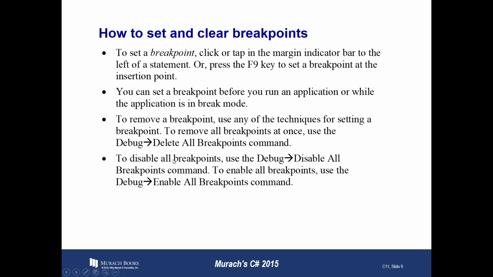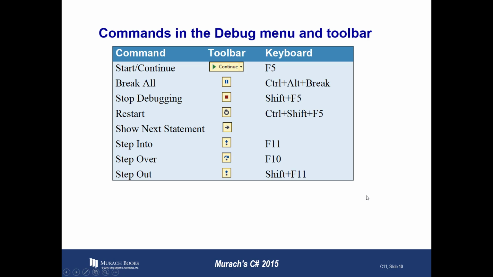If you've got a bunch of breakpoints set, you can right mouse click on any one of them and choose Debug, Disable All Breakpoints. So here are some of the commands that are on the debug menu. You can hit the F5 key, and if the program is not running, that'll begin the run.